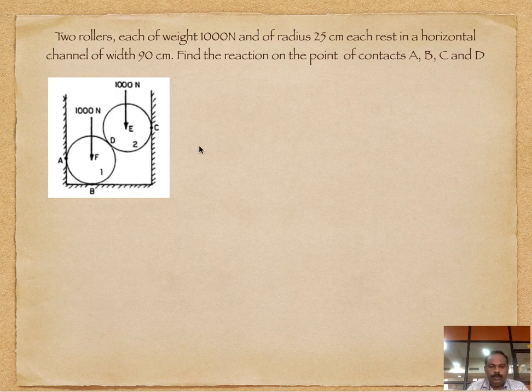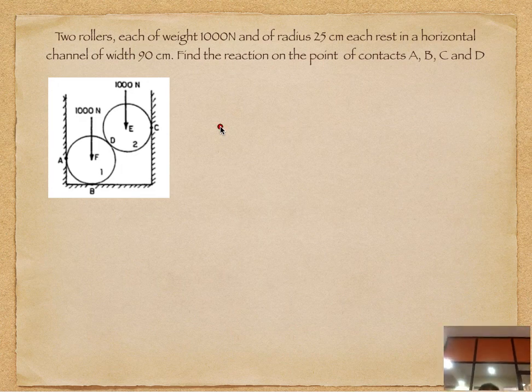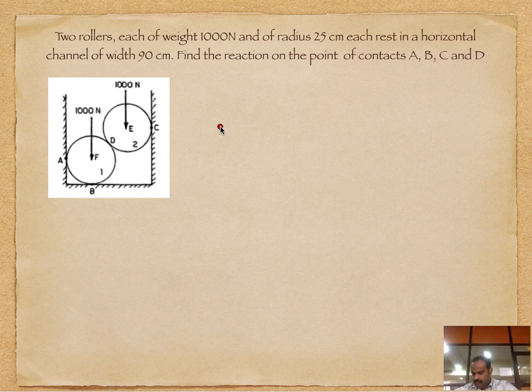Now the forces are resolved and we got 4 equations out of it for sigma h and sigma v. So it is 2 sigma h equations, one for each roller, and 2 sigma v equations, one for each roller. We need to solve the equations one by one. Let's write the equations.